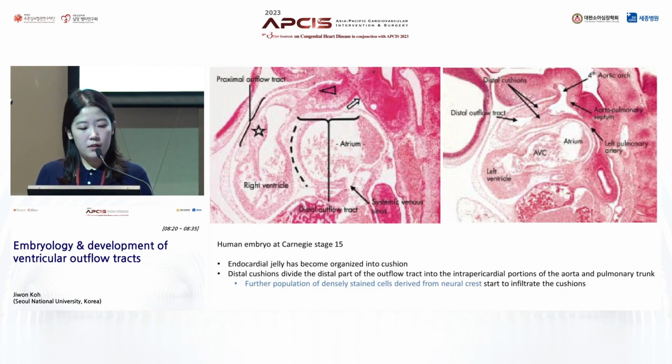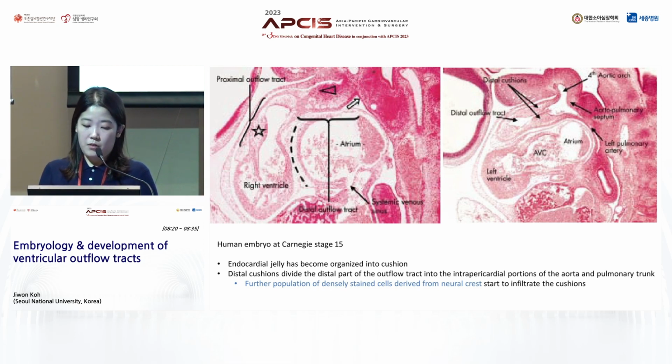And as the days developed, we can see the changes here. And this star highlights the development of the endocardial cushion from the endocardial jellies on the walls. And this cushion divides this part of the outflow tract into the aorta and pulmonary trunk. And this is another example of the distal cushion.